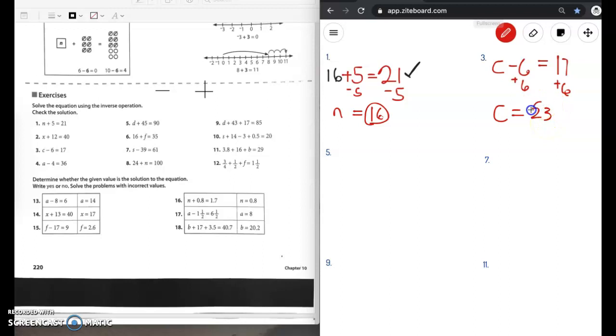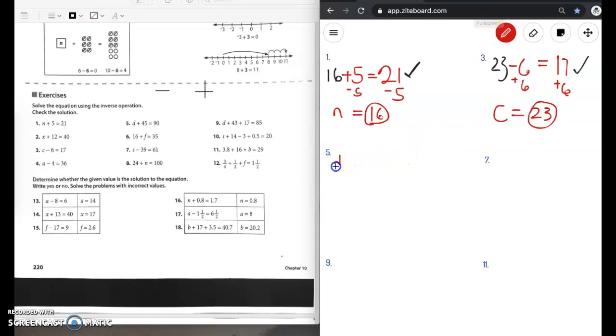Let's see if I'm right by checking the solution. So we're going to substitute C with 23. 23 minus 6 is 17 indeed. So we're right.